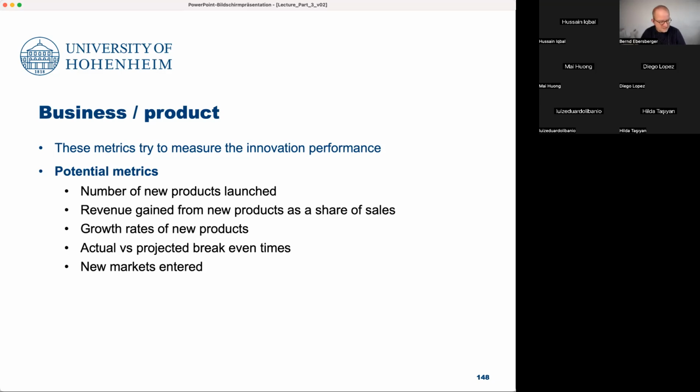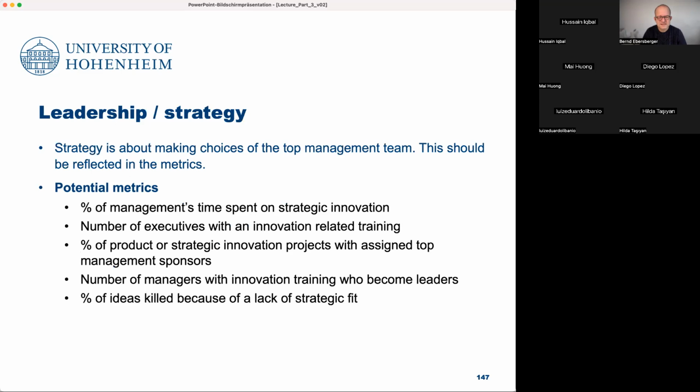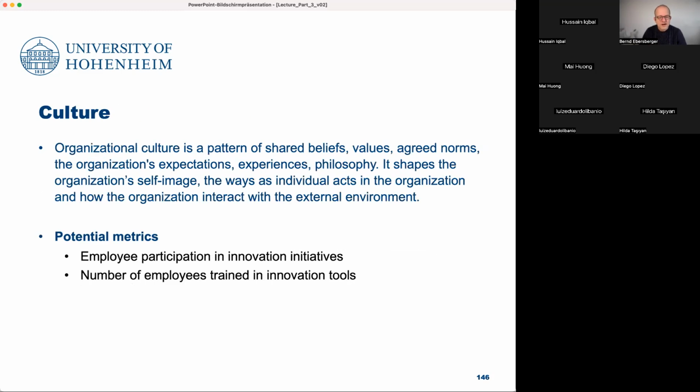Okay, so this is how you can measure innovation if you have access to firm internal data. Of course, the number of new products launched, you could maybe get from third parties, from press releases, etc. But the percentage of management time spent on strategic innovation is something that you have to survey within the organization, or employee participation in innovation initiatives.